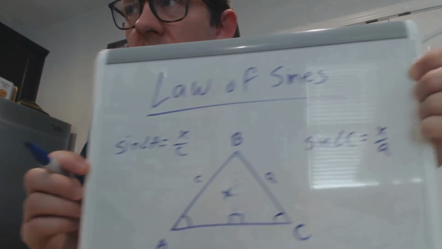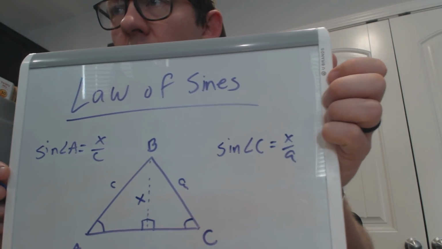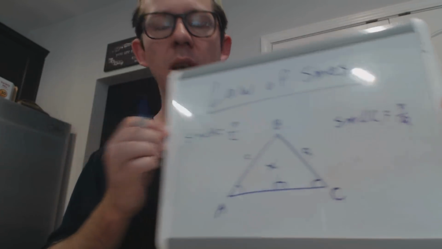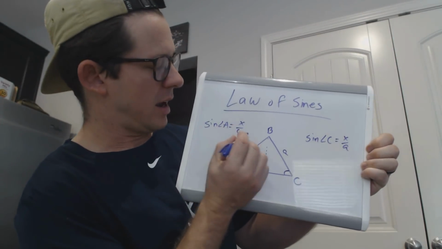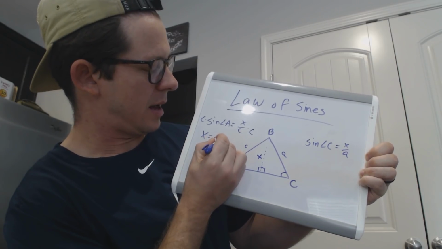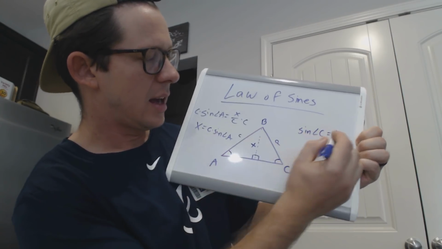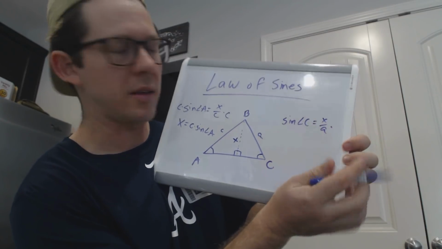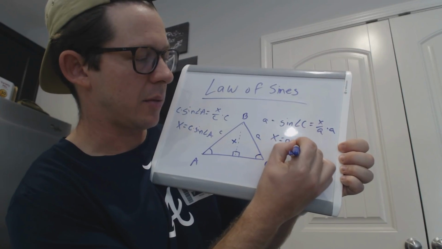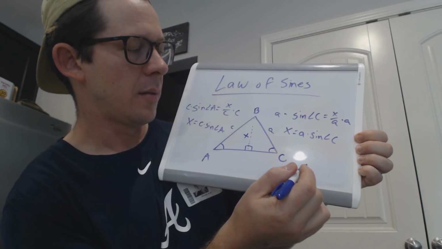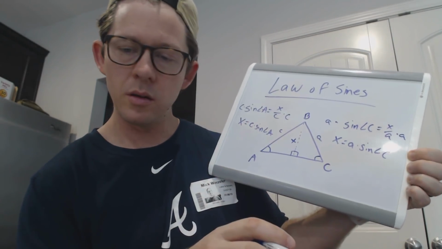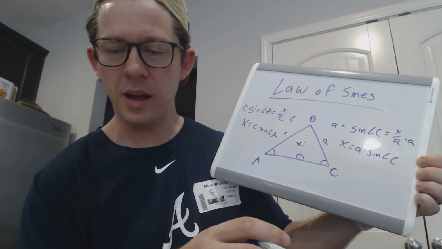On this one, multiply c on both sides, and I get x equals c times the sine of A. And over here, when I multiply by a, I get x equals a times the sine of C. Well, the commutative, what property is that?